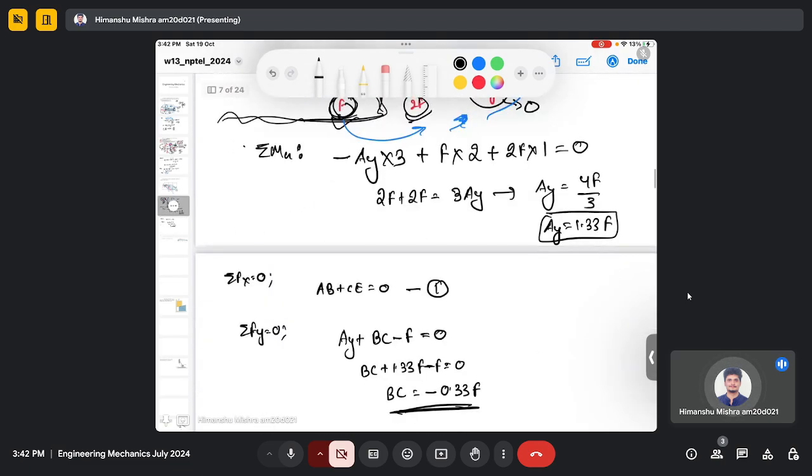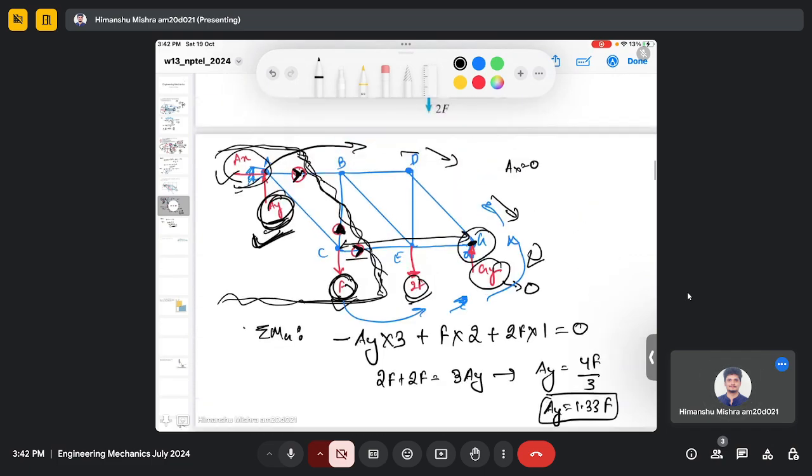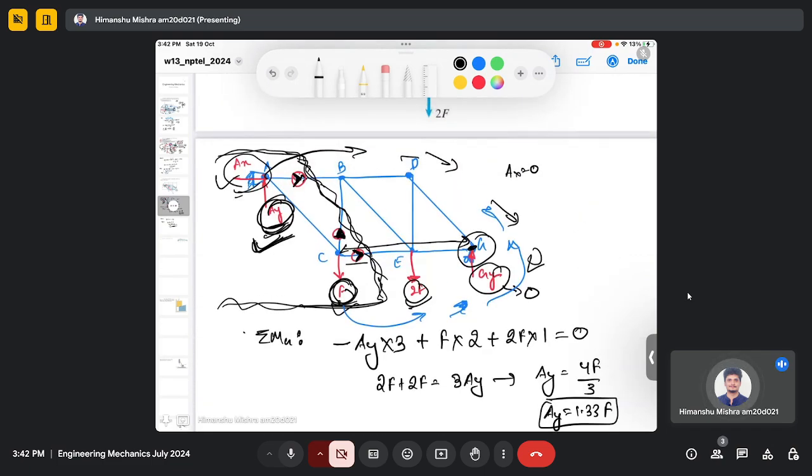Alright, so we found one force along the member BC, which is minus 0.33 F. So now I can take a moment. So if I take the moment along point A, then what are the forces which will create the moment along point A? So definitely not Ay and not AB. So these two forces will not create any moment along point A because the perpendicular distance is 0.